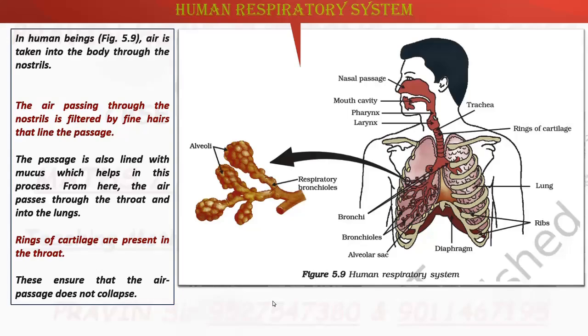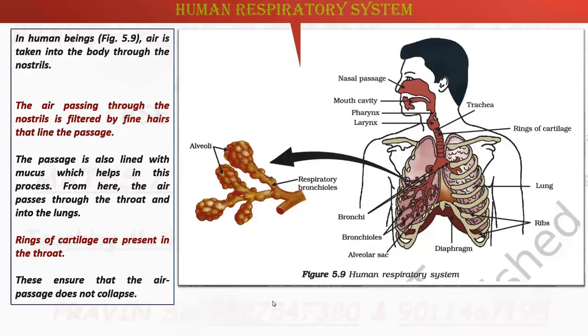In human beings, the respiratory pigment is hemoglobin, which takes oxygen from the air in the lungs and supplies it to all the tissues and cells where there is a deficiency of oxygen.